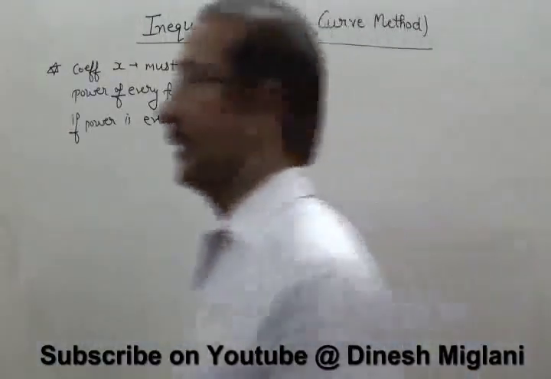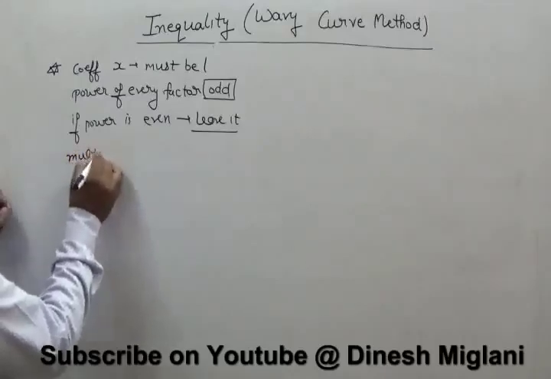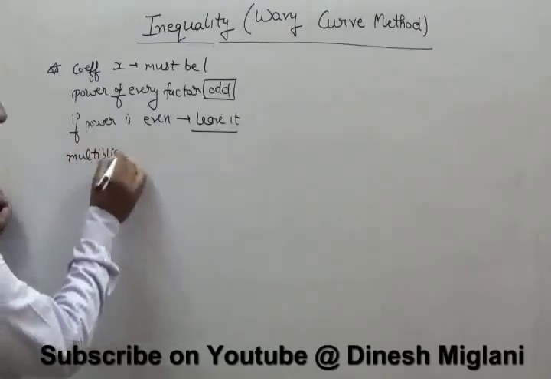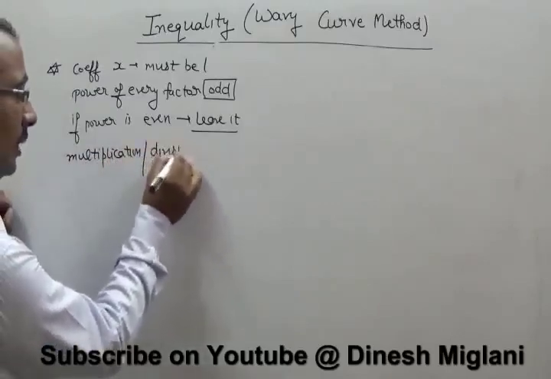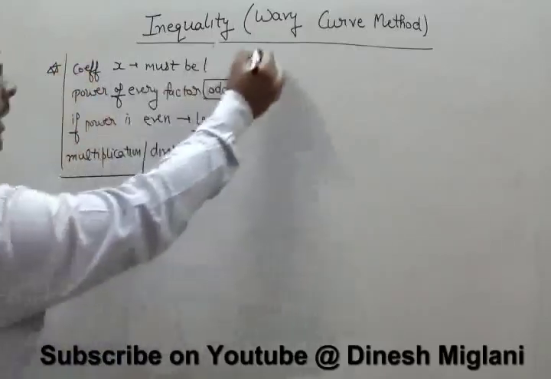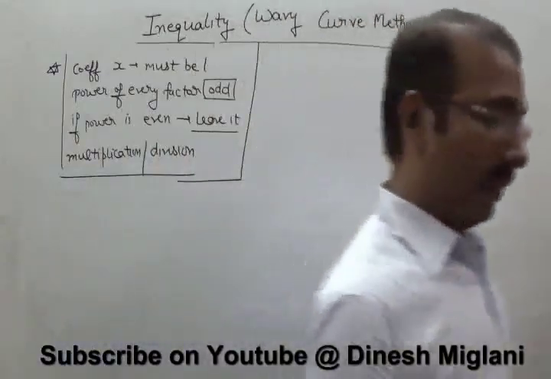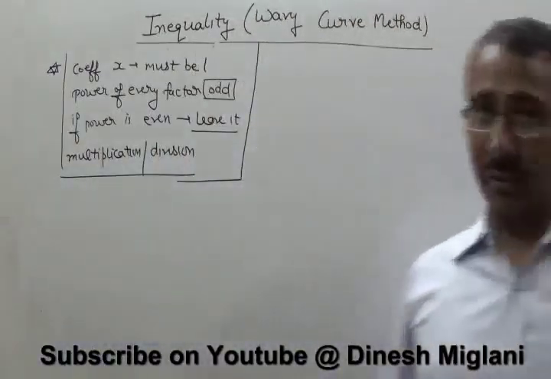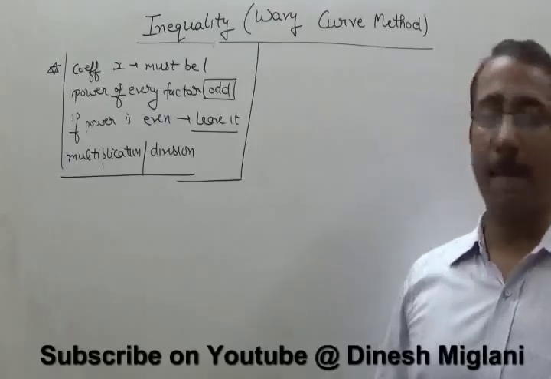And fourth thing we can say, the factors may be in multiplication or division, the process will remain the same. Multiplication or division, the process will always remain the same, right? These are the 4 things we have to take care of in order to answer the questions which are based on Wavy Curve method. The first thing: at every place coefficient of x must be 1.